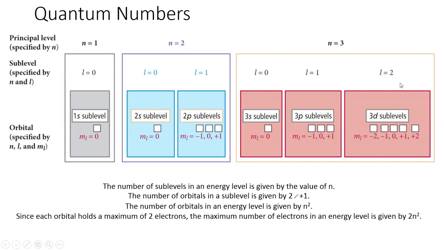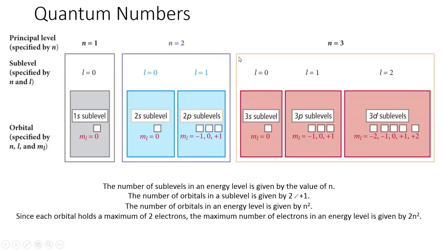L equals 2 gives us a d sublevel, and the possible values of m sub L are -2, -1, 0, 1, and 2.